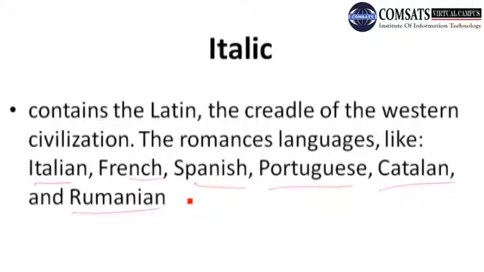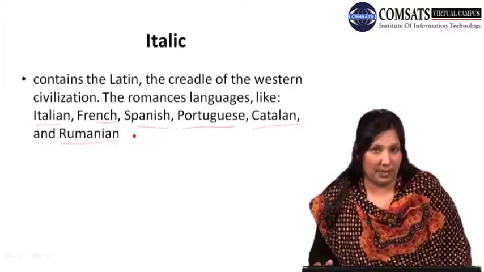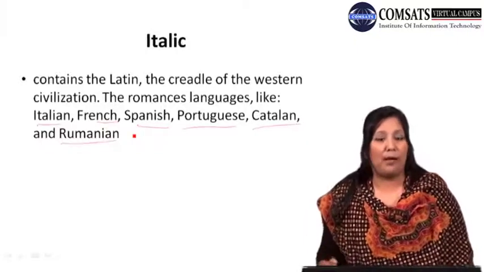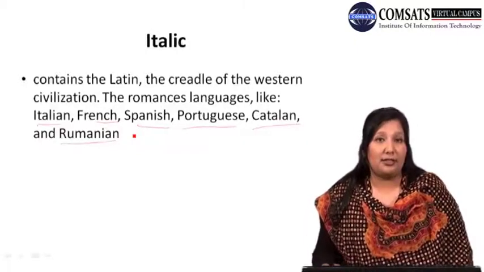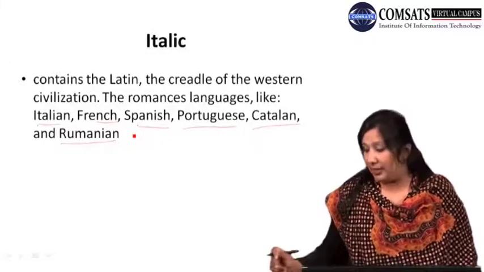Initially, at the start of the lecture, when we said there are Romance languages, I said I will be elaborating this concept. So let's move on to the map of the Italic languages and let's try to find out what these Romance languages were and what their impacts were.